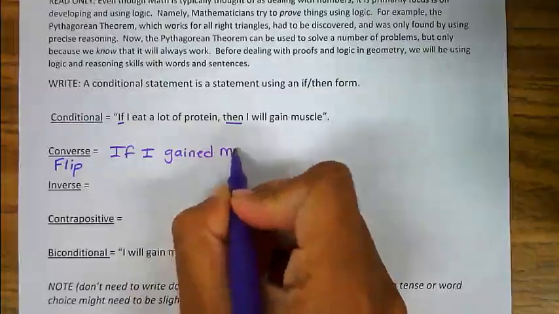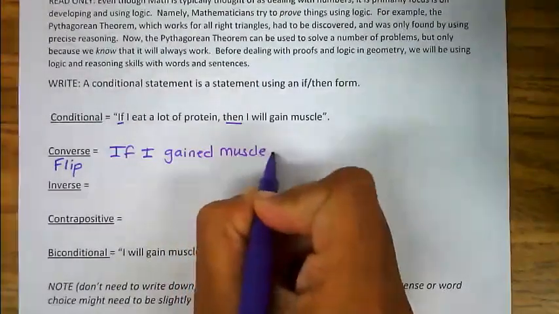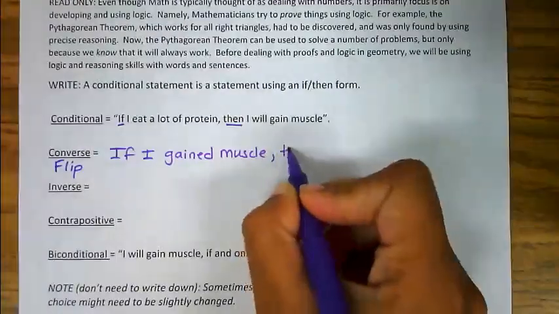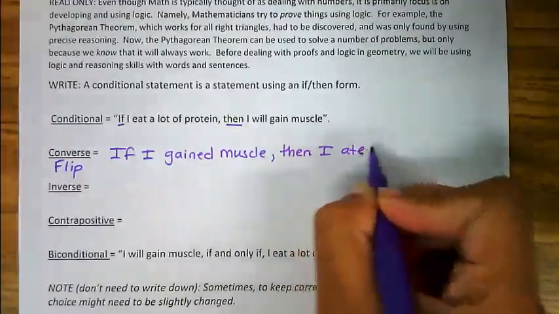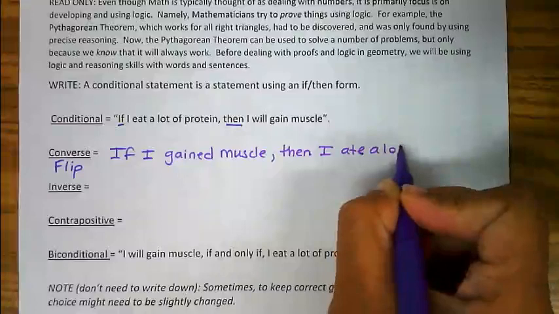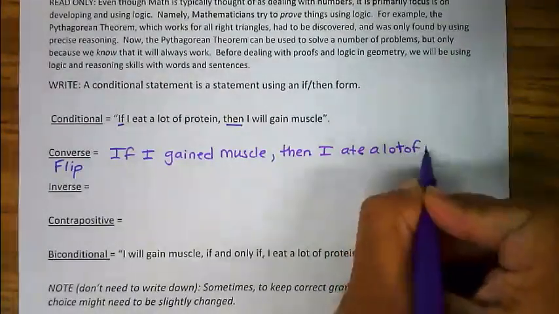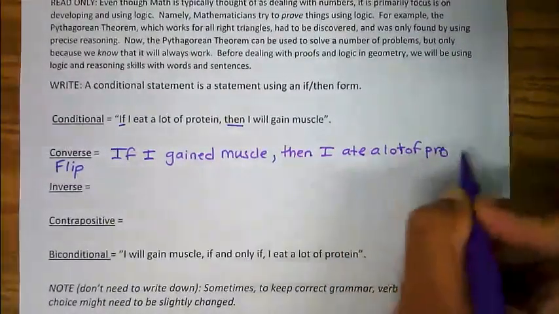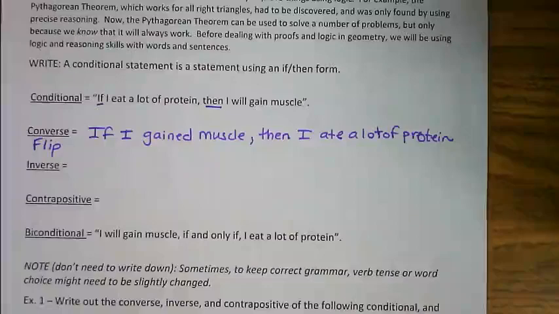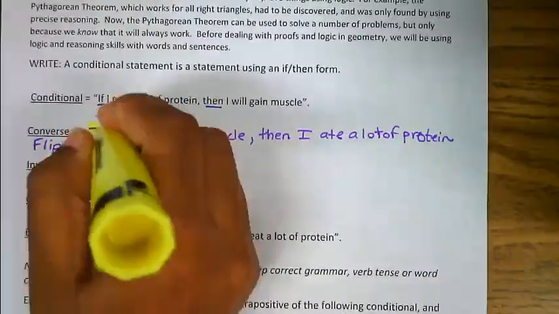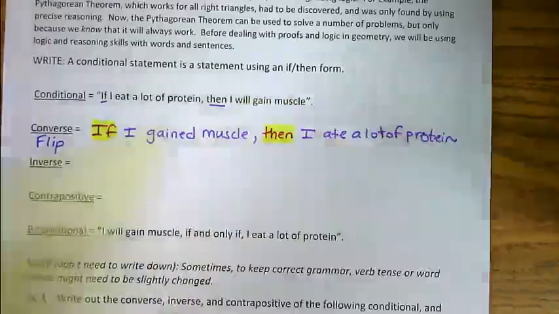If I gained muscle, then I ate a lot of protein. I'm sorry, but today and tomorrow we're going to be writing. Okay, remember I have my if and my then. Okay?